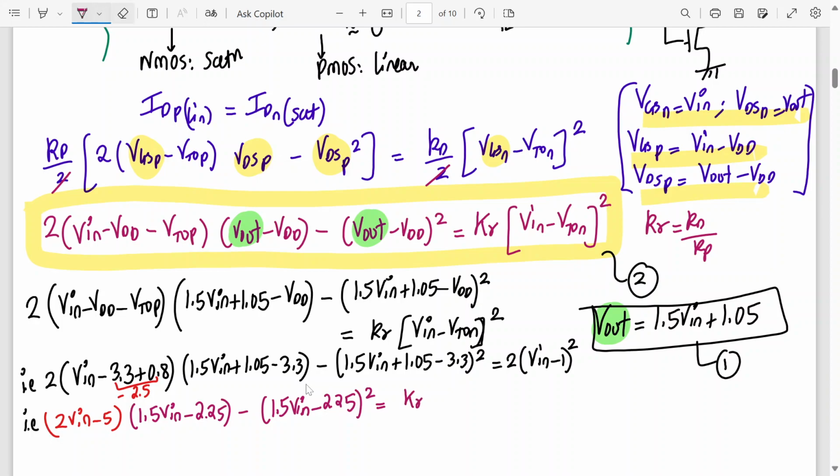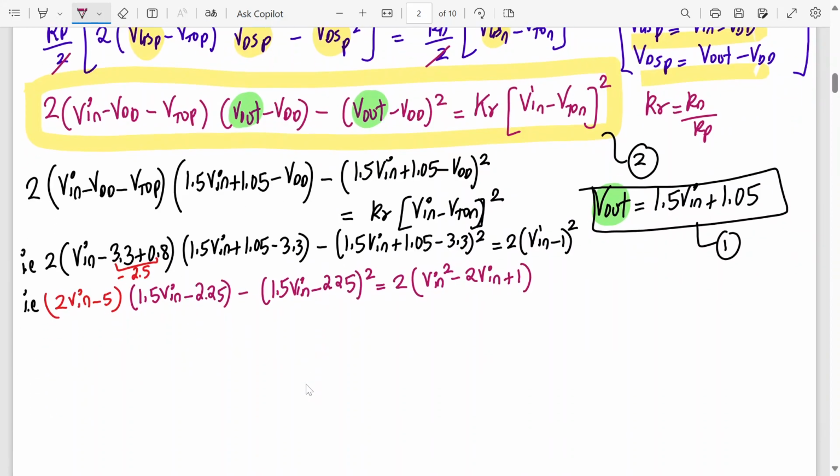That is 2, right? That is twice V in, this is A minus B the whole square. So A square minus 2AB plus B square. Here it is. Understanding now? You all are with me?